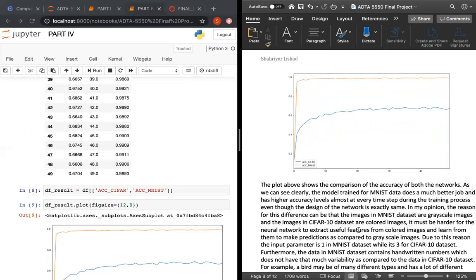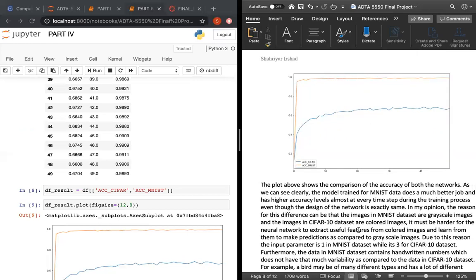And then the other reason can also be that the MNIST dataset consists of alphabets, which can have a lot fewer properties which a neural network has to consider as compared to the CIFAR 10 dataset, which has images of many different kinds of objects. If I give you an example, one of the classes is aeroplane.